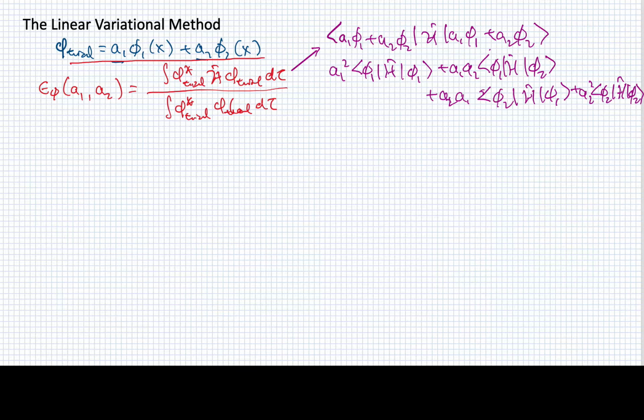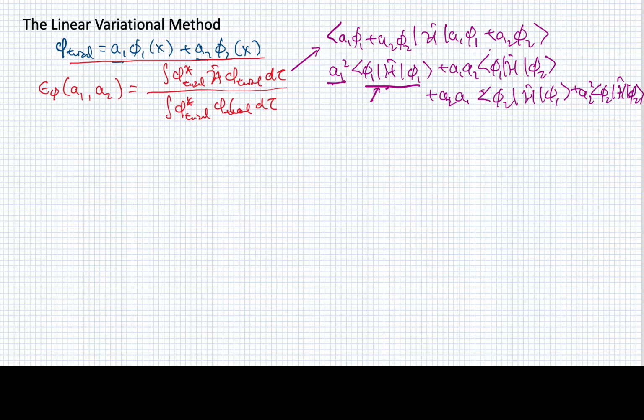So the net result here is a long expression that involves these expectation values of the Hamiltonian sandwiched between two different basis functions and these coefficients A1 and A2.